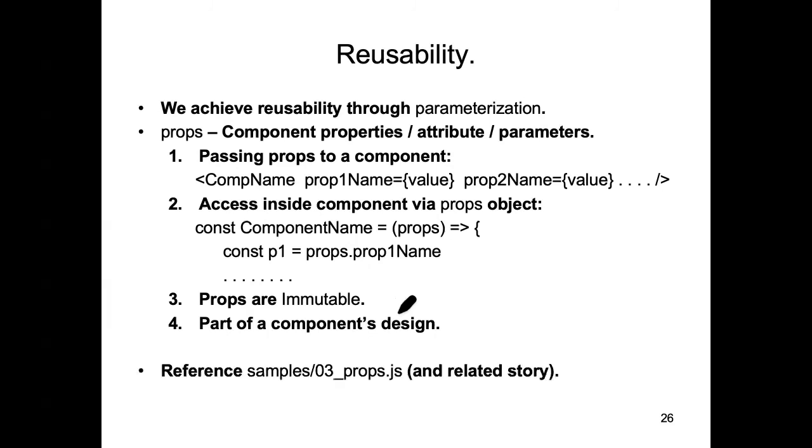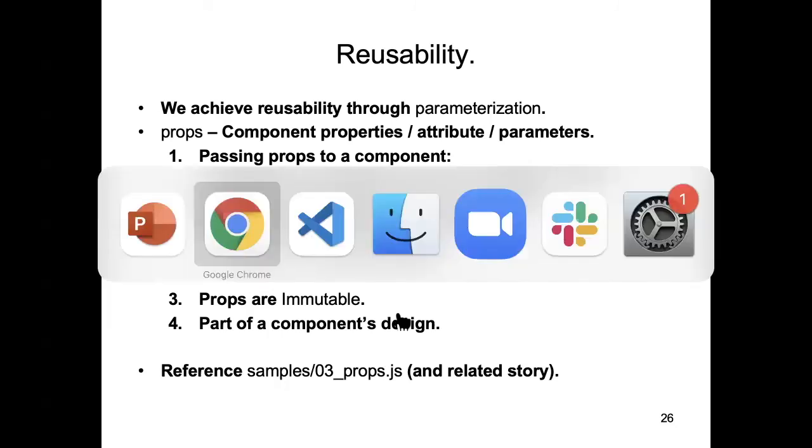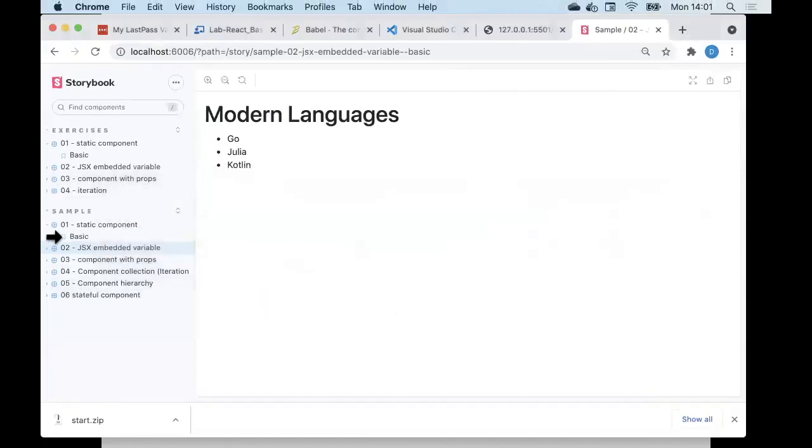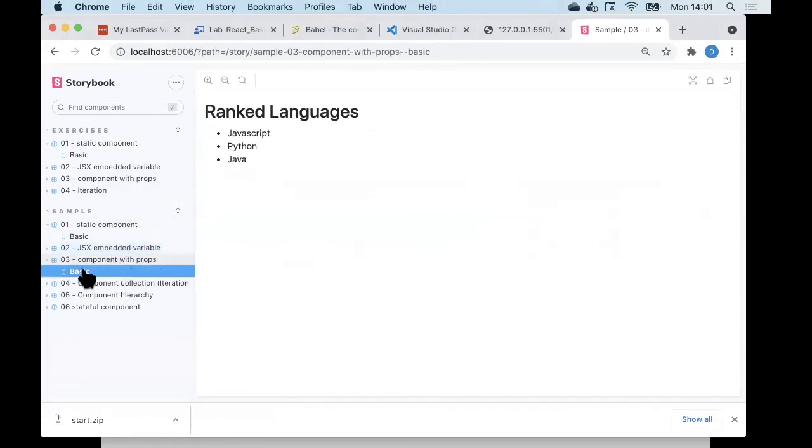So let's see this in action. Sample 03. What does 03 render like first? It's probably the same old story. Yeah, okay, it's an array of languages, different title, different languages.